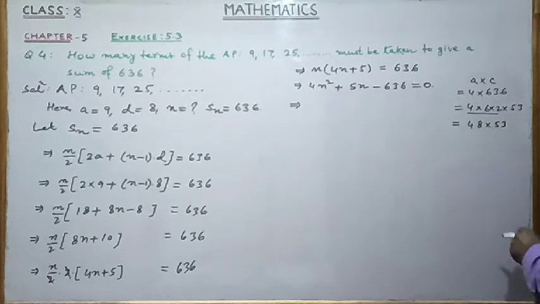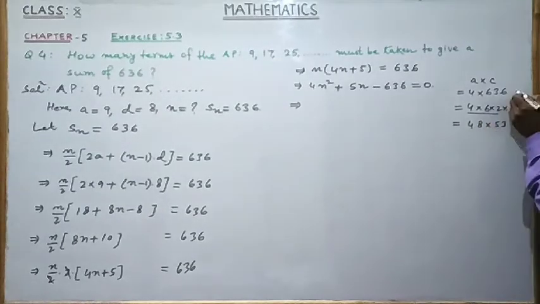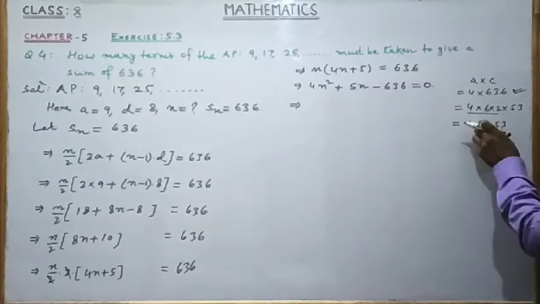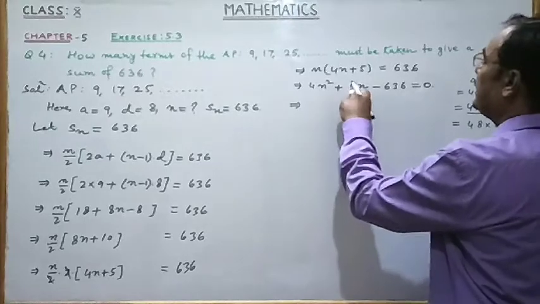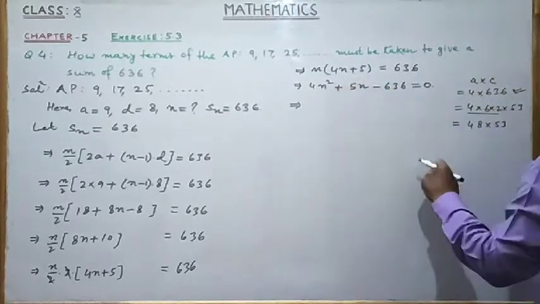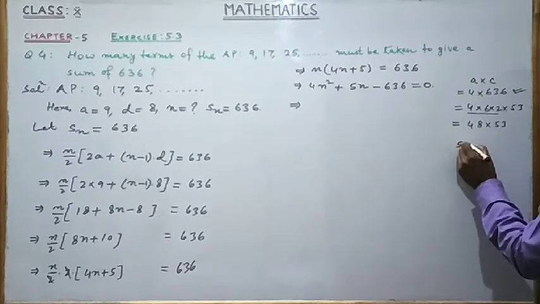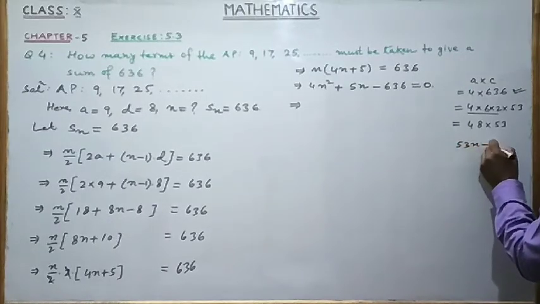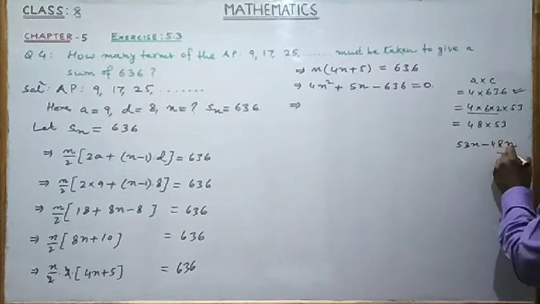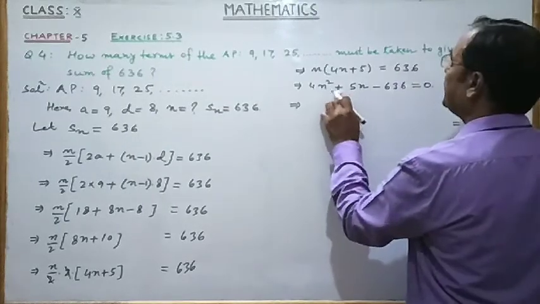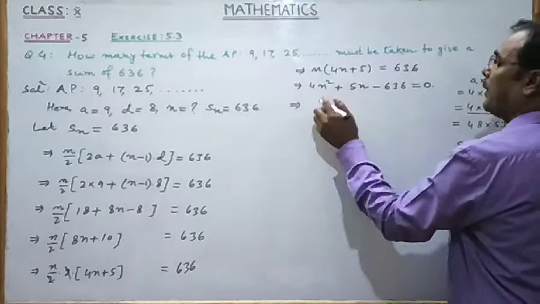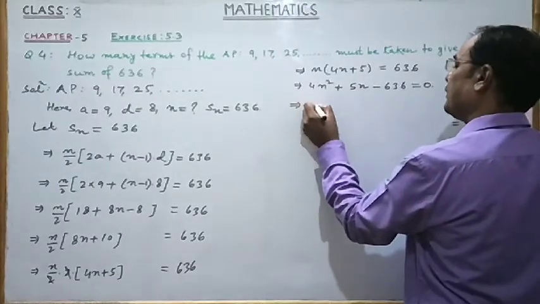Finally we have got two factors of this product 4 into 636, whose difference is coefficient of middle term 5. So middle term 5n can be split as 53n minus 48n. So let's split up this middle term and solve this equation.